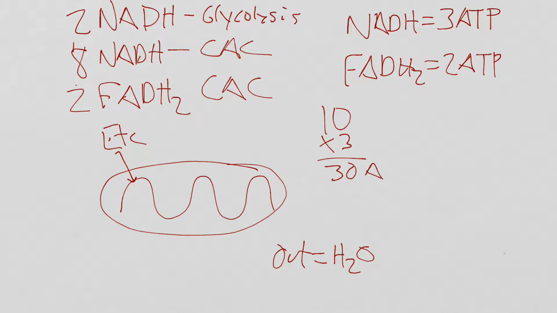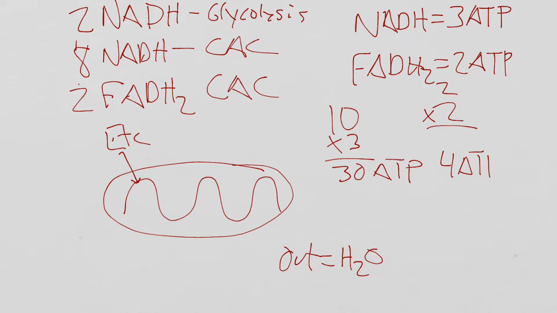That's going to equal 30 ATP. And then with our FADH2s, we have 2 of those, so 2 times 2. And so that's going to equal 4 ATP. So just from the electron transport chain, we are going to get 34 ATP.